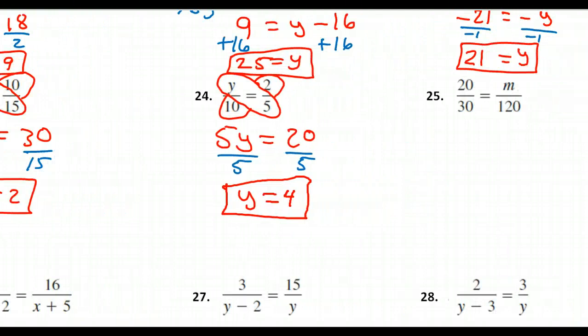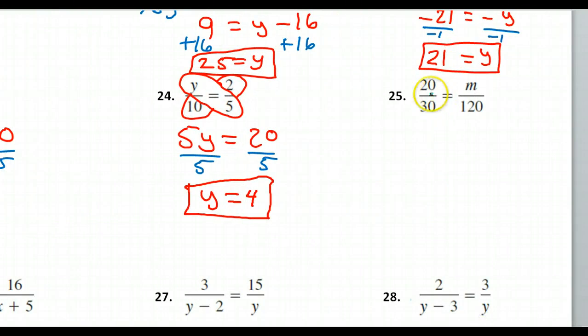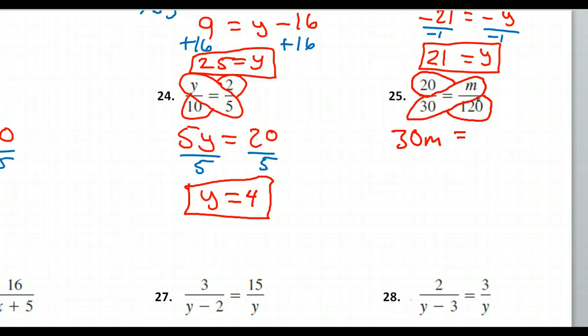Let's take a look at number 25. If I do this diagonal, I've got 30m. If I do this diagonal, I've got 2,400.